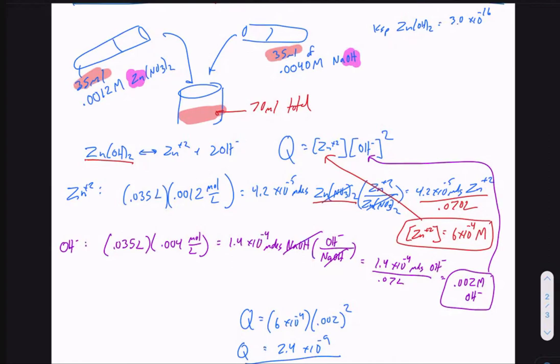Yes. Yeah, look how big it is. 2.4 times 10 to the negative 9th compared to KSP, which was 3 times 10 to the negative 16th. This is definitely going backwards, and you will definitely see it precipitate. So this will then start to look like a snow globe.